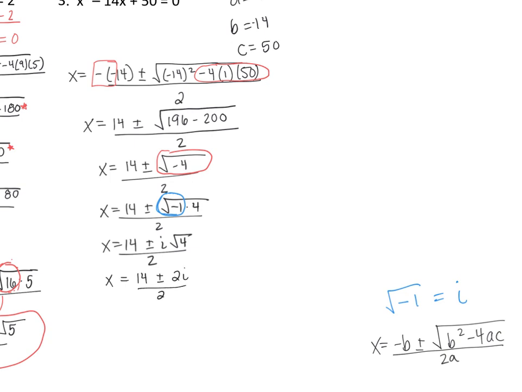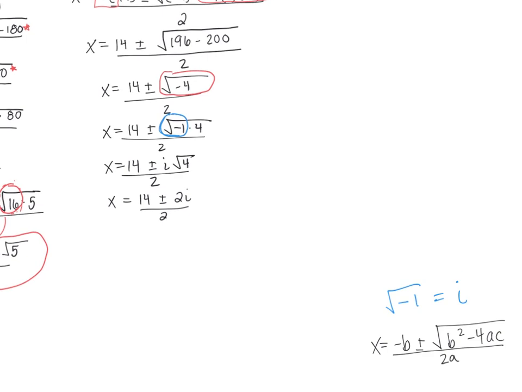Okay? And now because there's no radical left, I'm going to go ahead and simplify this. So, reminder, we need to break this up into 2 different problems. So I'm going to do it this way. I have x equals 14 over 2 plus 2i over 2, and x equals 14 over 2 minus 2i over 2.